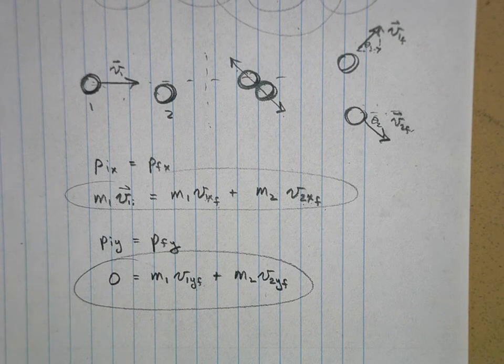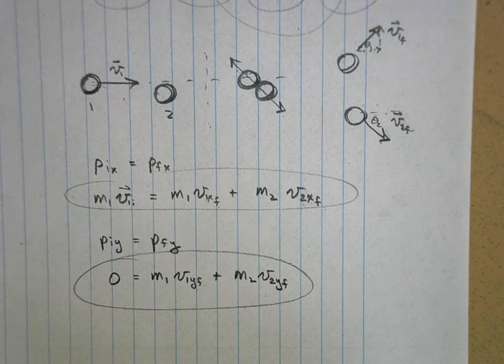problems in 2 dimensions. So when you solve the problem, first of all, you need to establish an axis system. You need to establish what direction is x and what direction is y. And you know what? It's just kind of like what we did when we were doing the procedure using force and free body diagrams and so on. You can choose your x and y axis to make the problem easier to solve.